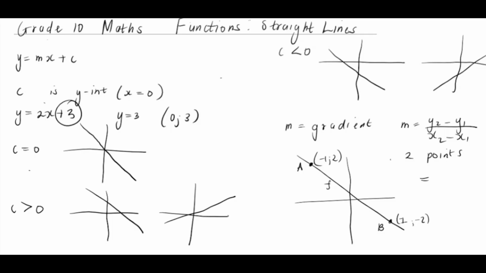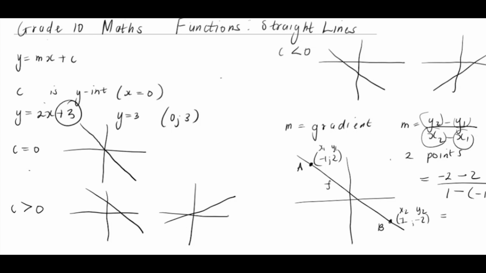Alright, let's find the gradient. So we're going to make A x1 and y1, B x2 and y2, and then substitute those values in our equation. First, let's substitute y2 and x2. Our y2 is minus 2, our x2 is 1. Then let's substitute our y1 and our x1. y1 is positive 2, x1 is negative 1.